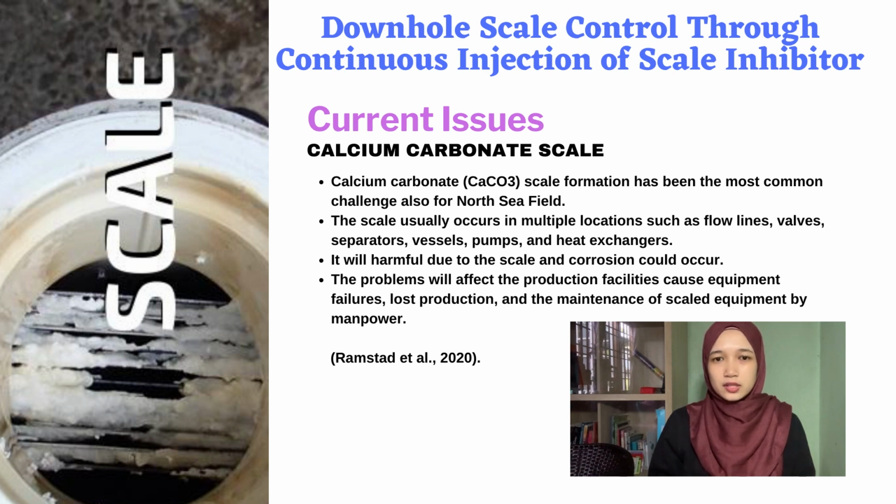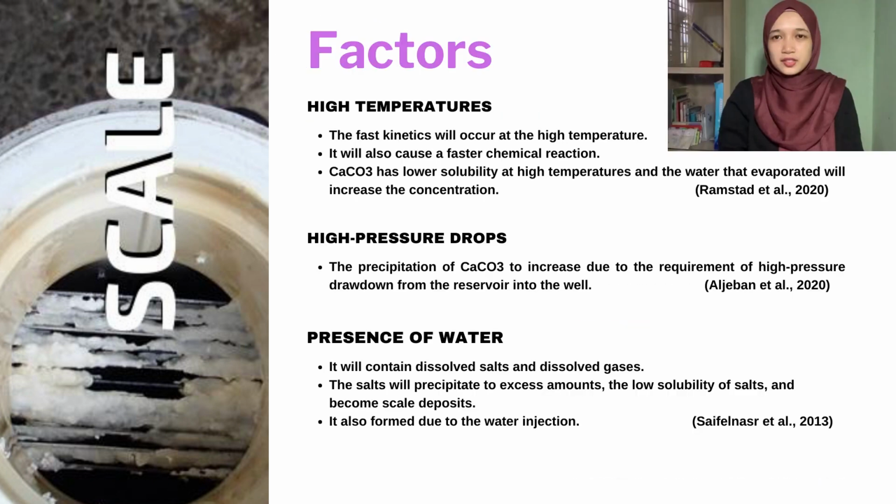The scale usually occurs in multiple locations such as flow lines, valves, separators, vessels, pumps, and also heat exchangers. This calcium carbonate scale also affects the production facilities, cost, equipment failures, lost production, and the maintenance of scale equipment by manpower. So, why does calcium carbonate scale form in downhole scale control through continuous injection?